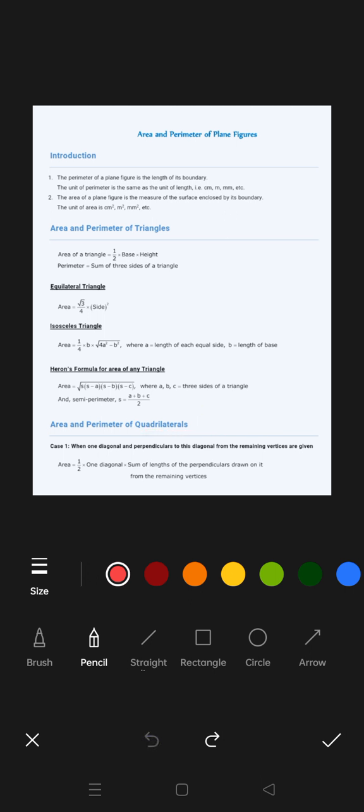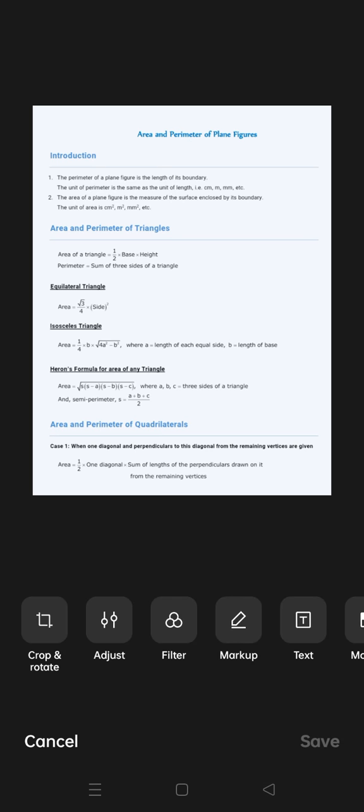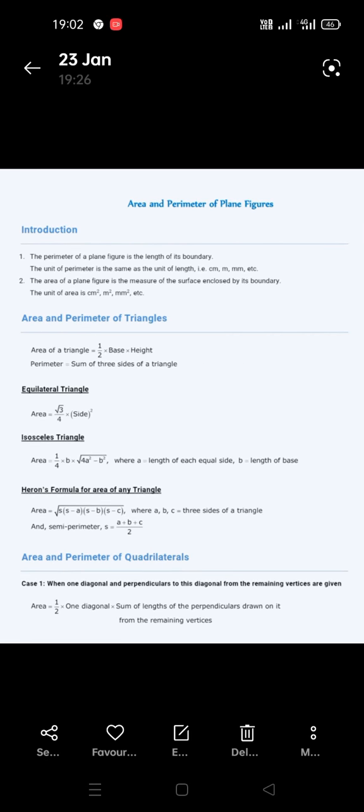Now here are some cases. Case number 1: when one diagonal and the perpendiculars to this diagonal from the remaining vertices are given.